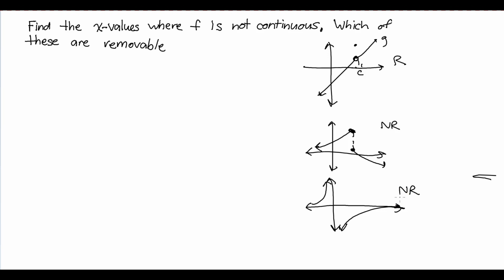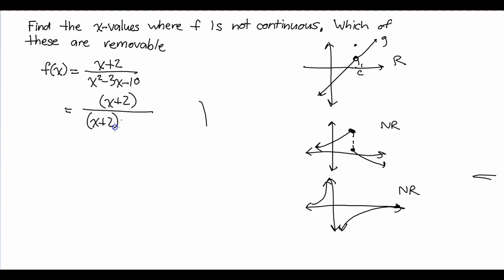So let's look at f of x equals x plus 2 over x squared minus 3x minus 10. So we have x plus 2, and we're going to factor the bottom. So that's x plus 2 times x minus 5.